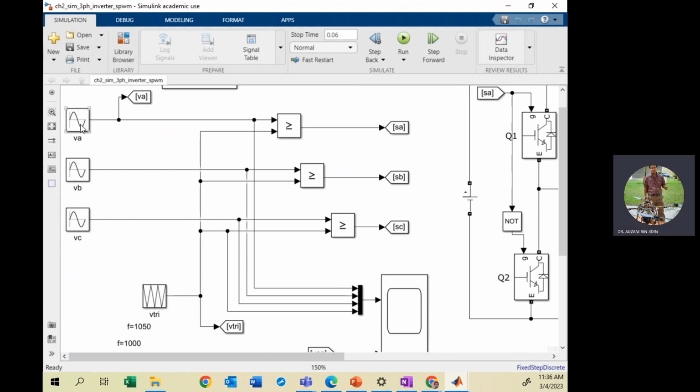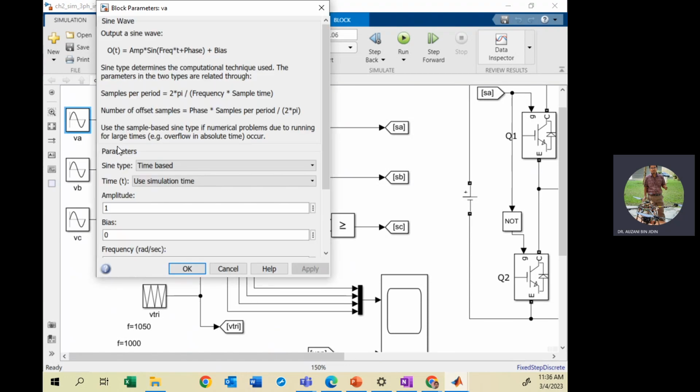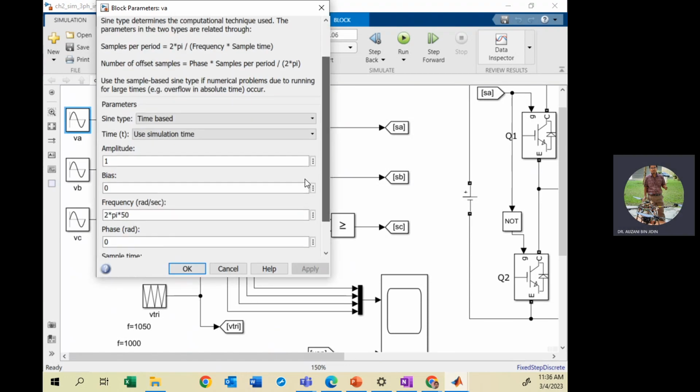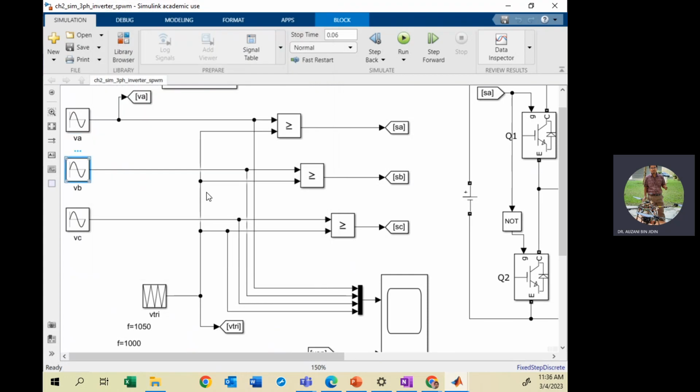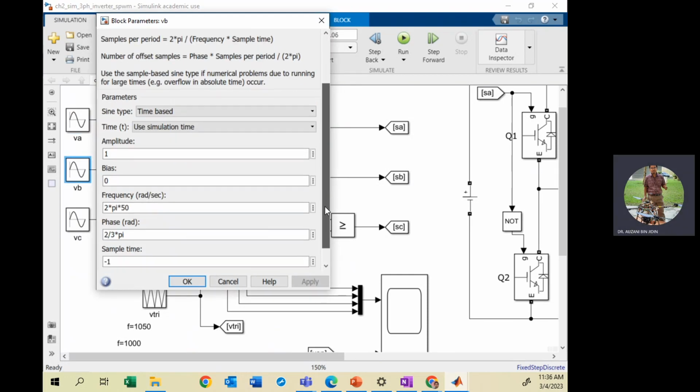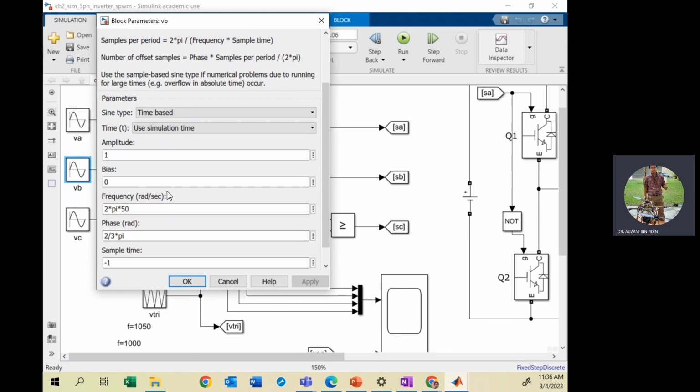VA, VB, VC is a sine function where I set the amplitude to 1 and the frequency to 50 Hz, but you must put it in radians per second because the unit is omega, not F. The amplitude is the same here, but the B phase has a phase difference of 120.